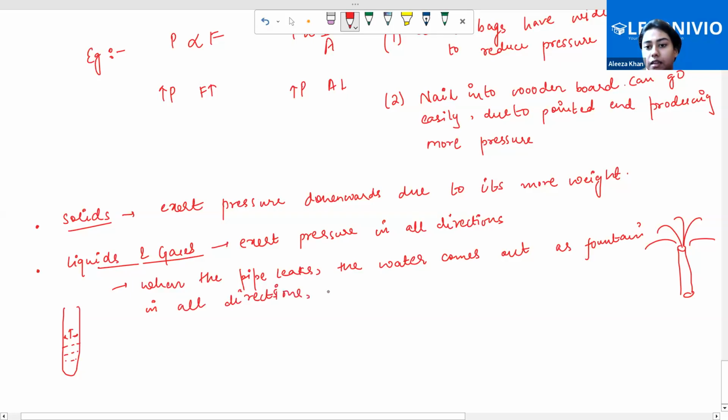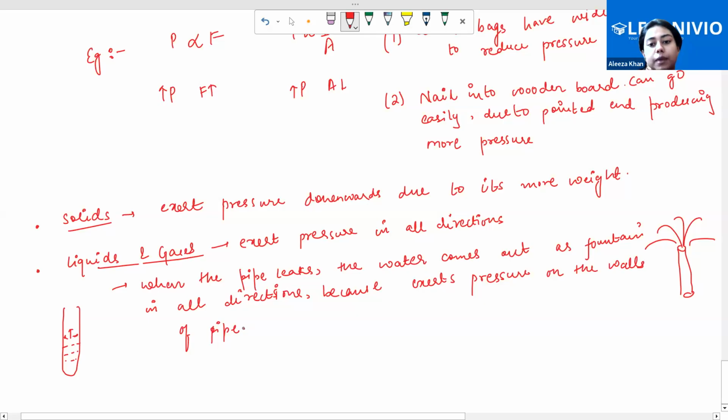Because water exerts pressure on the walls of the pipe. Okay? Yes or no?